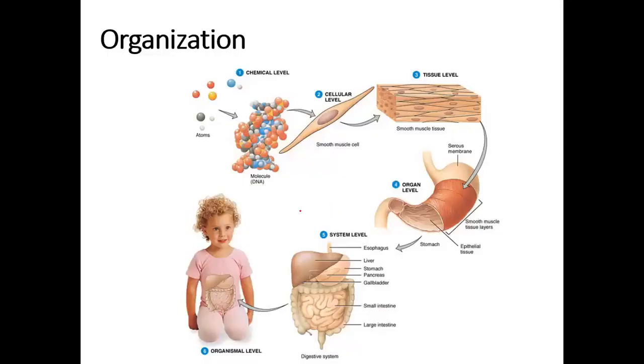So we are organized, as I told you, from a set of chemicals. So these are the chemical compounds, and chemical compounds get together and create a molecule. And then these molecules get together and work in a cell, and cells get together and develop tissues, and tissues get together and develop an organ.